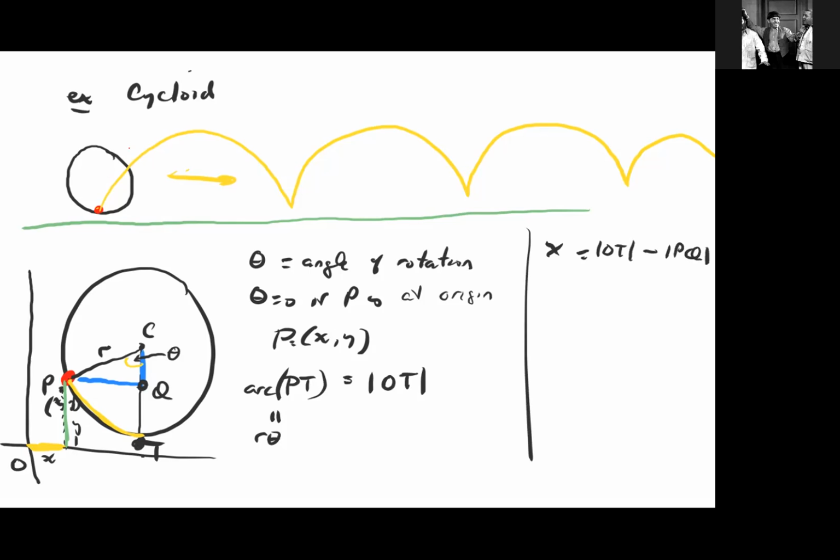Okay, but what is that? Well, OT we said was the arc PT, which is r theta. And the distance from P to Q we can compute using this right triangle. It's going to be r times sine of theta.